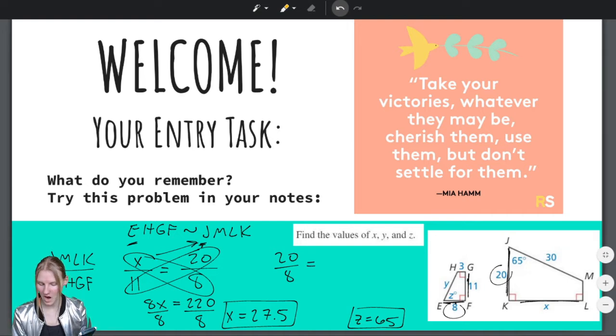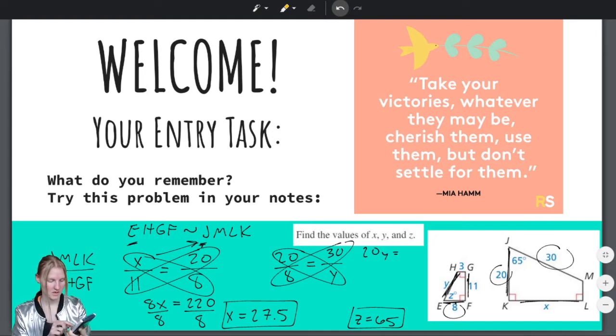Y is in EFGH, and it corresponds to the non-horizontal or vertical side, which is 30. So now we can cross multiply again. 20y equals 8 times 30, which is 240.